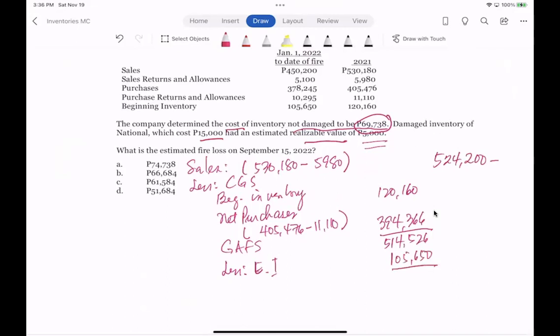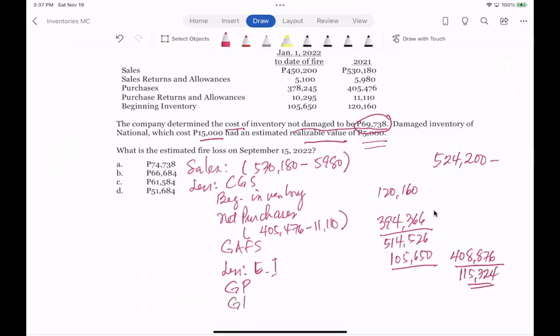So 514,526 minus 105,650, your cost of goods sold is 408,876. So our gross profit is 115,324.